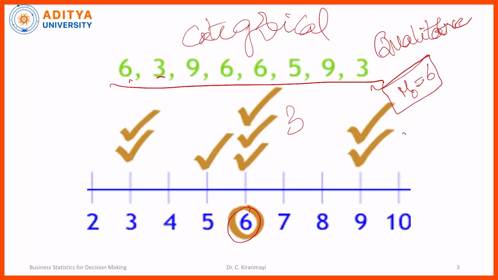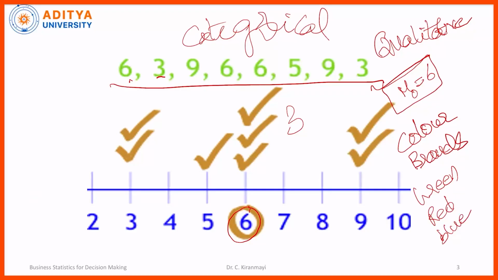For example, if we consider color or brands, these are categorical variables. We can list out various categories of colors like green, red, orange, blue and so on.